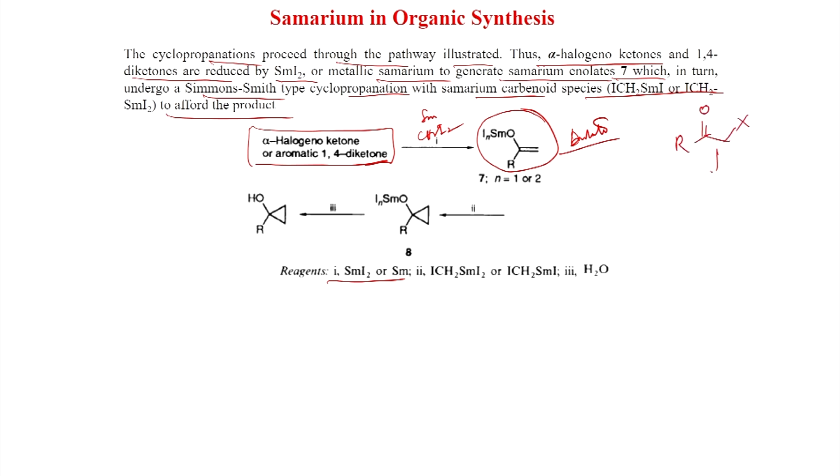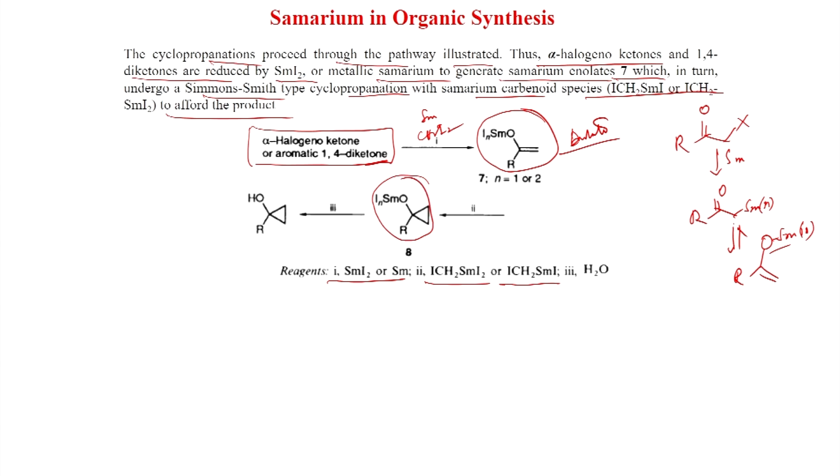That means when you put samarium, then samarium inserts into this C-X bond. So, here you get samarium, and now this will be enolate, and when enolate, the samarium will go with the enolate. So, it will be like this, that is what is happening here. And after that, if you put ICH2SmI2 or ICH2SmI, so this will give the cyclopropanation, that is this.